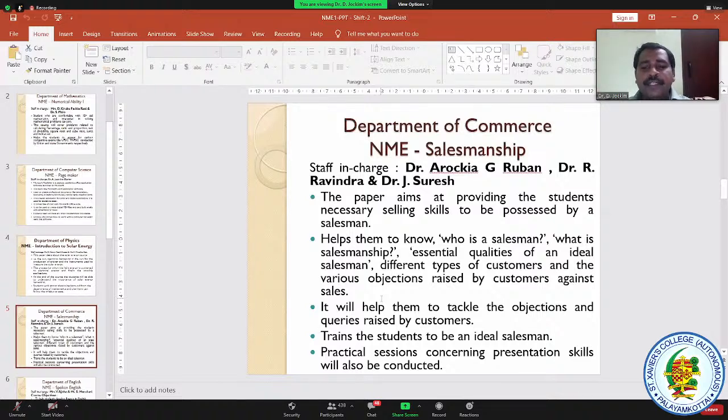Here, practical sessions regarding presentation skills will also be conducted, especially for students who want to enter the field of marketing, or who want to do some part-time job. In order to improve the skills necessary for a salesman, they can join this course.